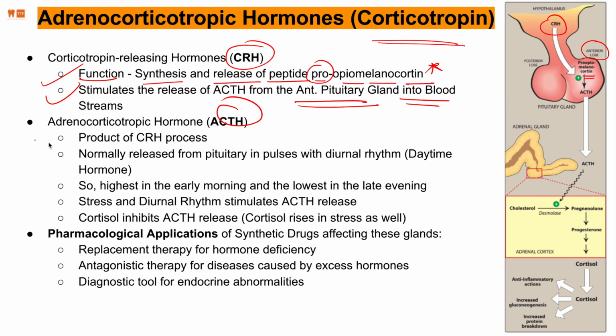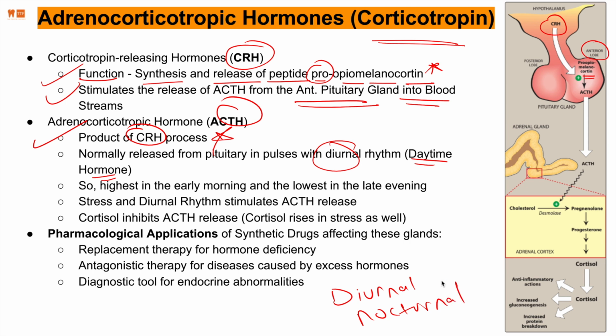Adrenocorticotropic hormone is a product of the CRH process. We learned that. Normally released from the pituitary in pulses with a diurnal rhythm, a daytime hormone. So there's two rhythms, right? There's diurnal, there's nocturnal. Now, this is daytime.